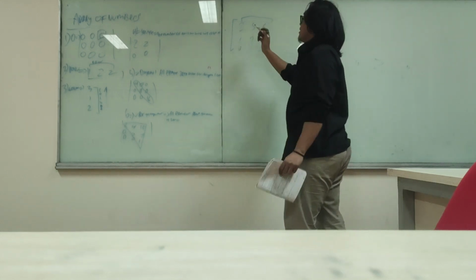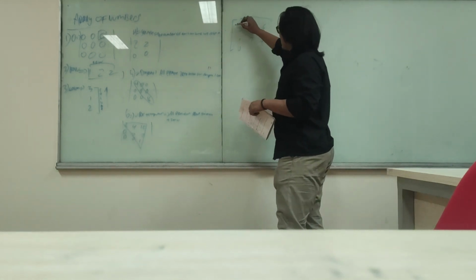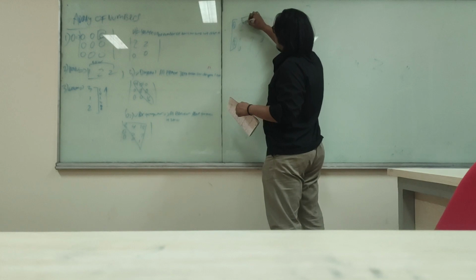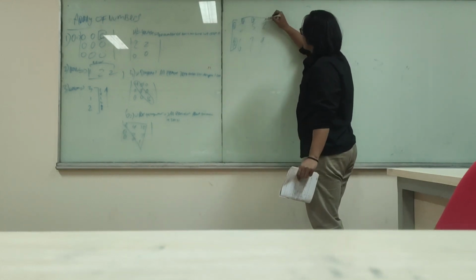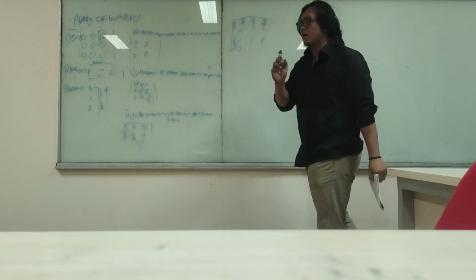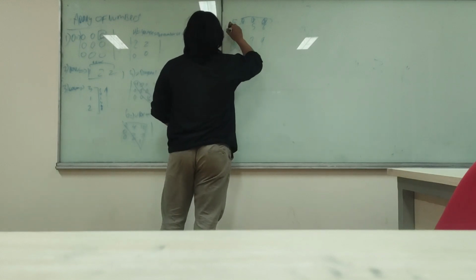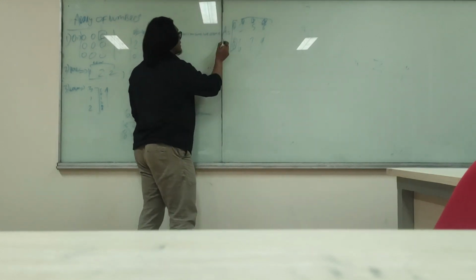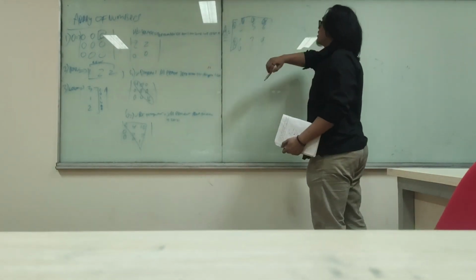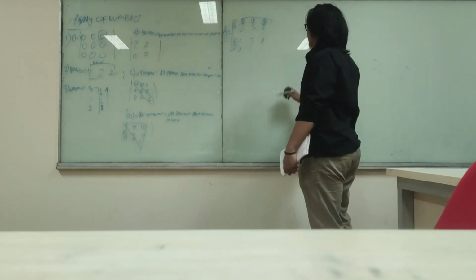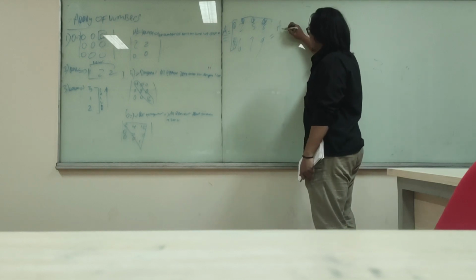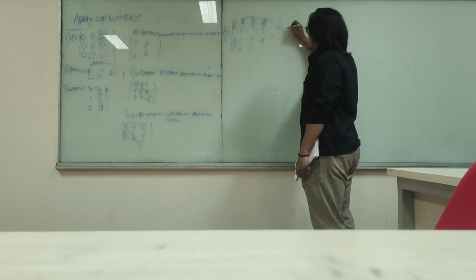So there are 2 rows, and the columns are 1, 2, and 3. Sorry guys, I forgot to put that element. So this is what we call an element. Besides the elements inside, there is an element outside.